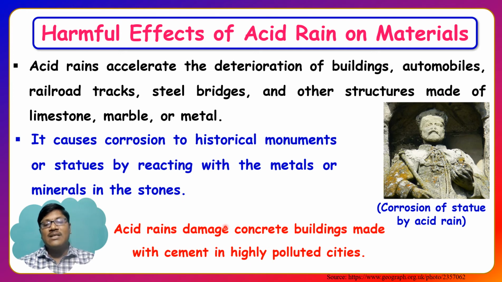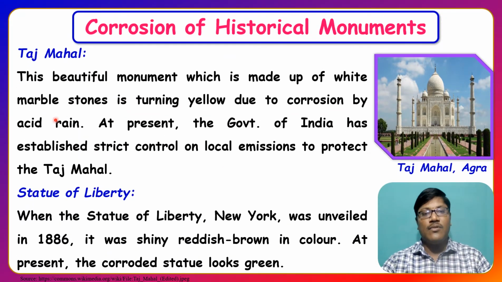Acid rains damage even concrete buildings and artworks made with cement in highly polluted cities. Corrosion of historical monuments. Here is an interesting example, the Taj Mahal. It is a beautiful monument made of white marble stone, that is calcium carbonate.